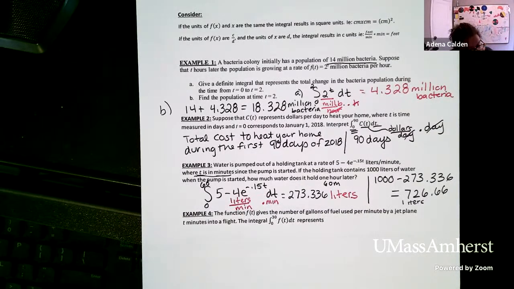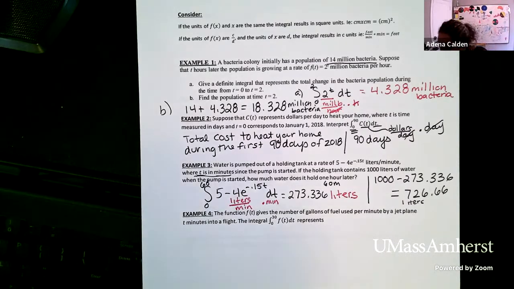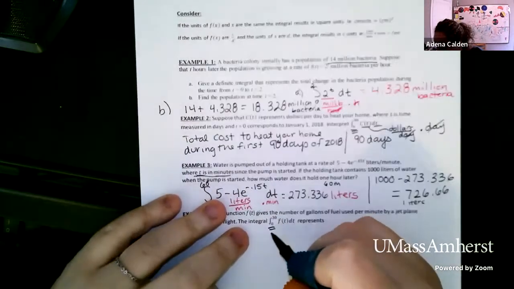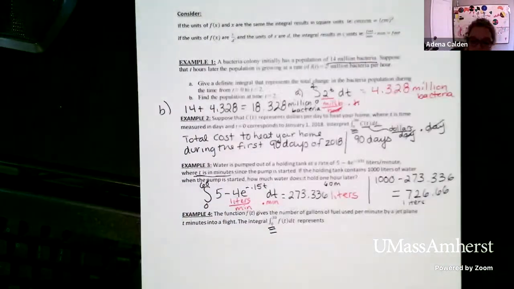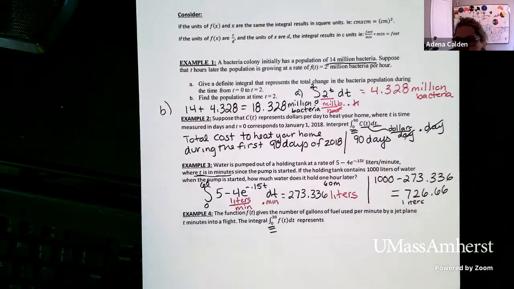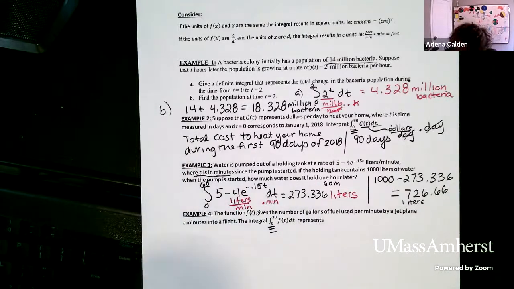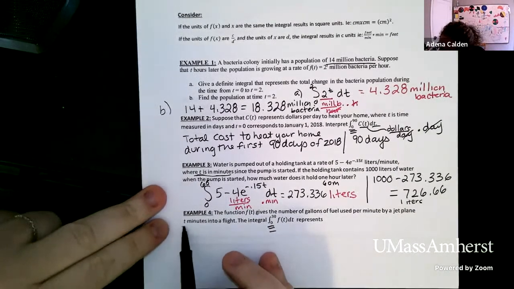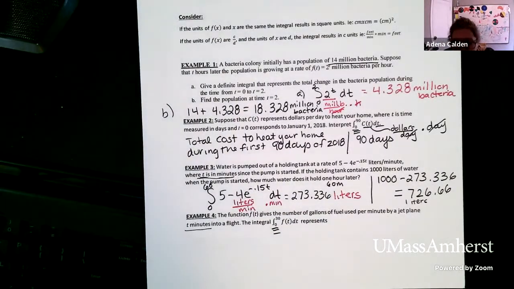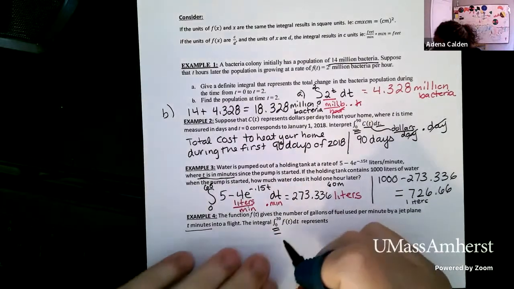Okay, so again, I usually like to start by looking at the numbers that are on the integral, right? Because that's one of the 2 pieces of information we need. So here we're talking about 0 to 30. So the first 30 something, right? So if we look at the independent variable, it's the first 30 minutes. Okay, so we're talking about a 30-minute time span.